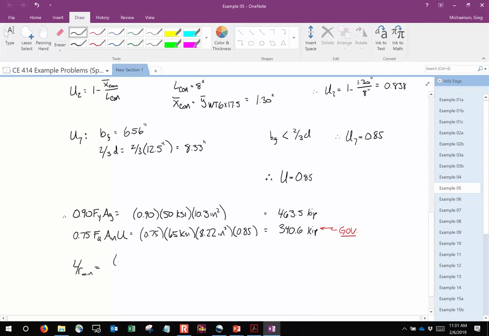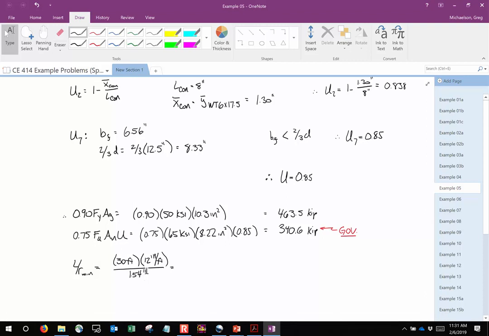So this is 30 feet times 12 inches per foot divided by, what's R again? 1.54. And so what does that come out to be? 233.7.